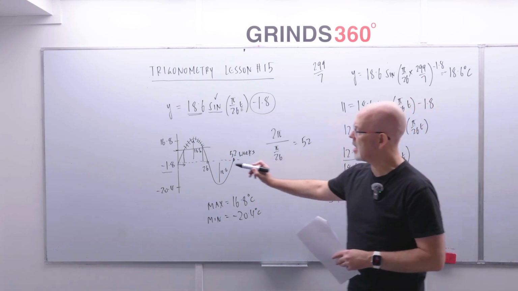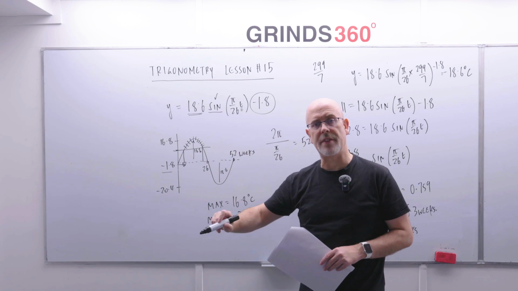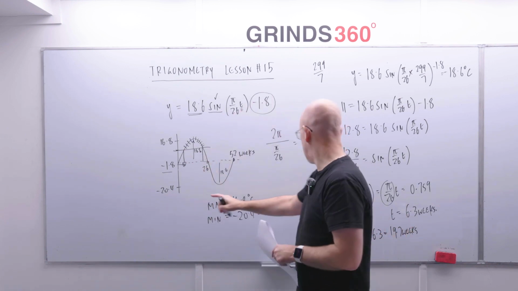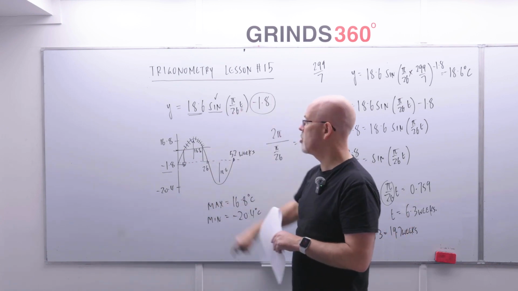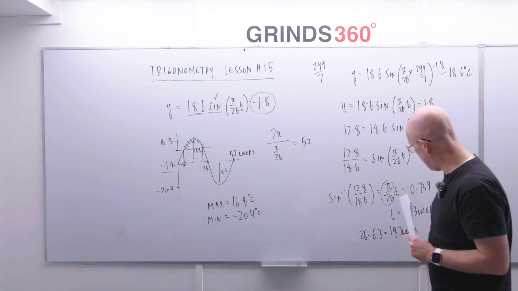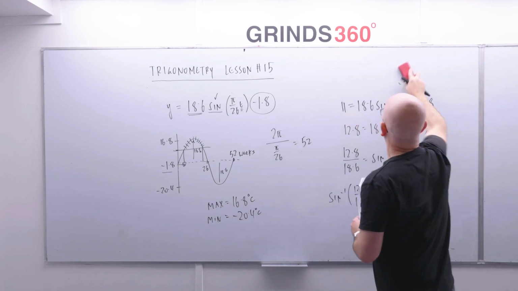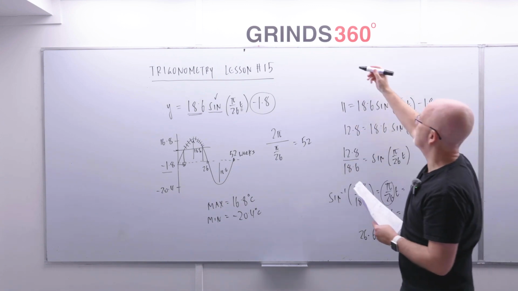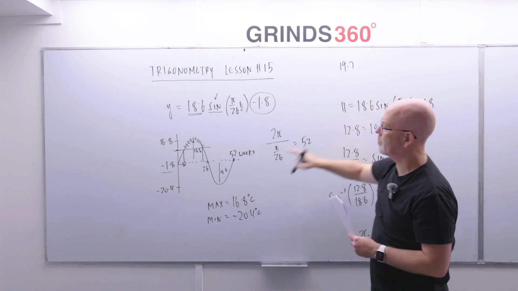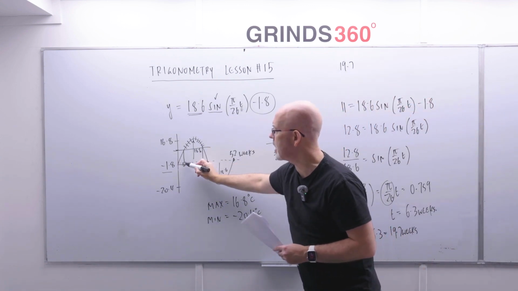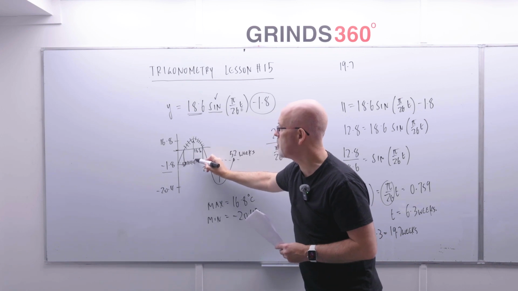So that's 6.3 weeks when the temperature hits 11. It stays above 11 until we get to 19.7 weeks and then drops below that. So the difference between those two will be my answer. So the time it's above 11 degrees Celsius, it's going to be 19.7, take away 6.3, that's going to give me this bit here.